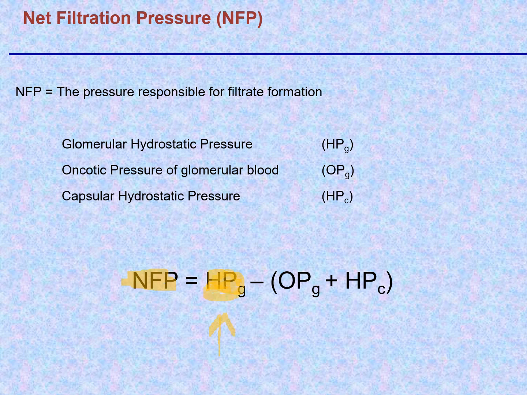The hydrostatic pressure in the glomerulus is the net outward force, minus the sum of the inward forces, by inward I mean from the capsular space pulling fluid into the glomerulus. Those two are the colloid osmotic pressure, or oncotic pressure, of the glomerulus, and the capsular hydrostatic pressure. The sum of these two subtracted from the glomerular hydrostatic pressure is equal to the net filtration pressure.